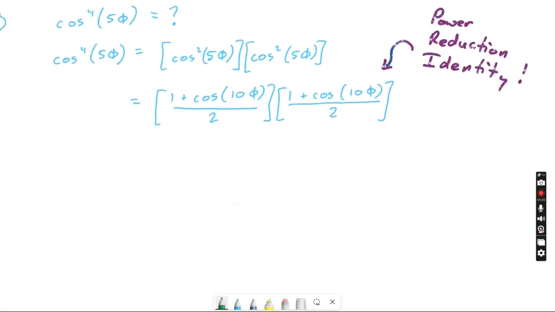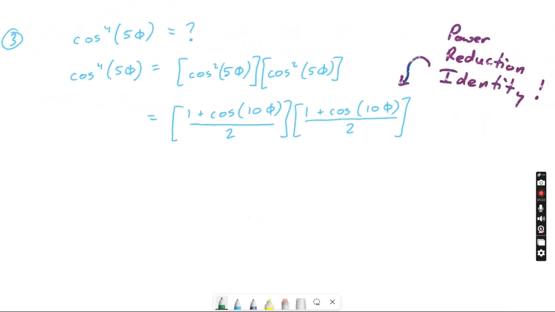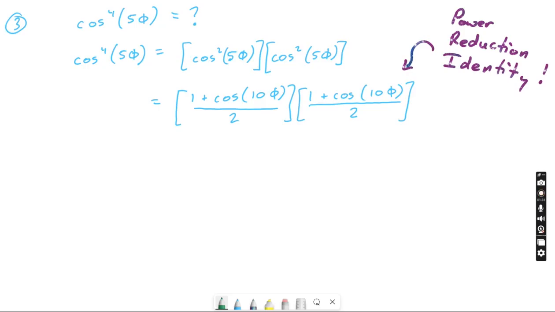But when we're dealing with the cosine to the fourth, now it's kind of time to put on the big kid underpants with this one. So first of all, notice that I just plugged in the power reducing identity already just to get this moving. Now what I have to do at this stage is some foiling.